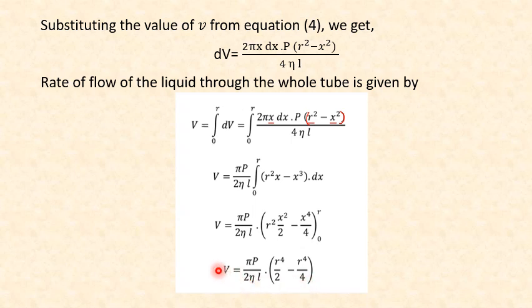We get the volume V equals pi p divided by 2 neta L into r to the power 4 divided by 2 minus r to the power 4 divided by 4. On further simplification, taking the difference of r to the power 4 by 2 minus r to the power 4 by 4, we get r to the power 4 by 4, which gives us V equals pi p r to the power 4 by 8 neta L.